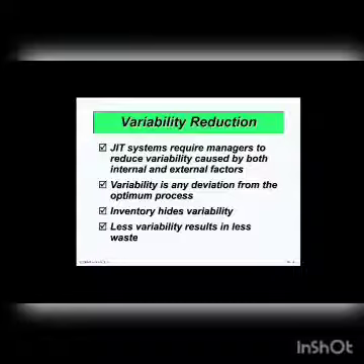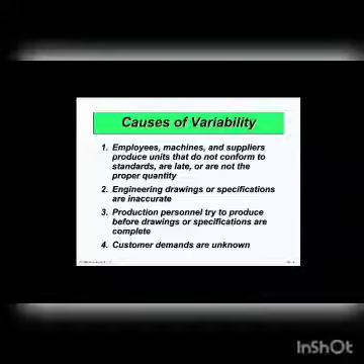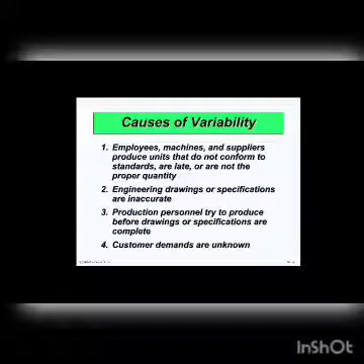JIT systems require managers to reduce variability caused by both internal and external factors. Variability is any deviation from the optimum process. Inventory hides variability. Less variability results in less wastage. Causes of variability: employees, machines, suppliers produce units that do not conform to standards, or are late, or not the proper quantity.